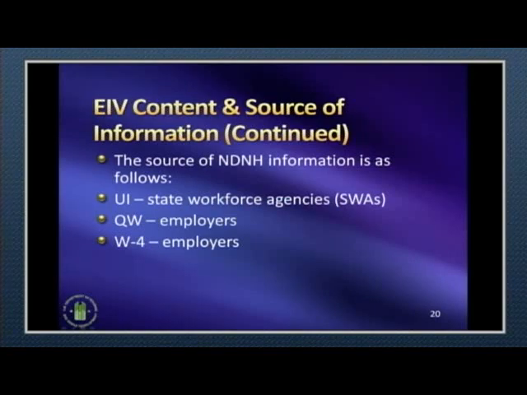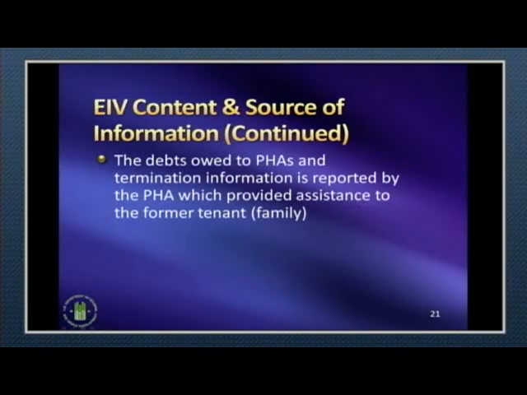The quarterly wage information, whether federal wage or non-federal wage, is derived from the employers who report this information to the state workforce agency, who then transfers that data to the National Directory of New Hires. And then your W-4, or new hires information, again, is derived from the employer, reported to the state, who then in turn reports it to the National Directory of New Hires.